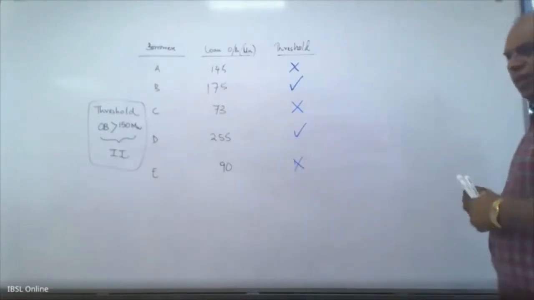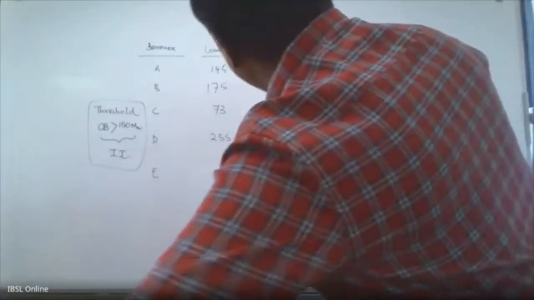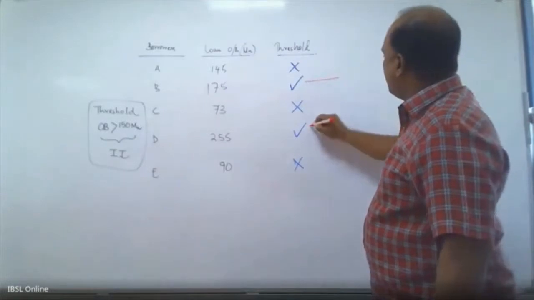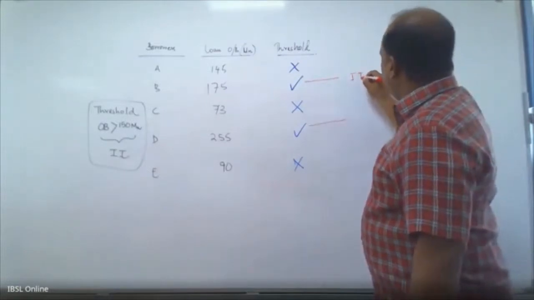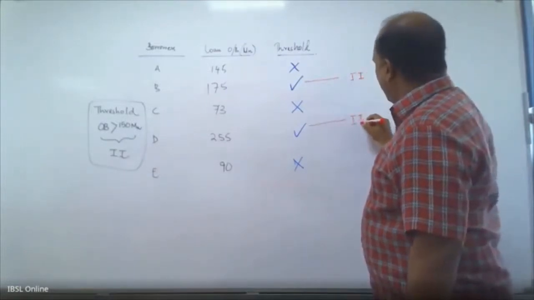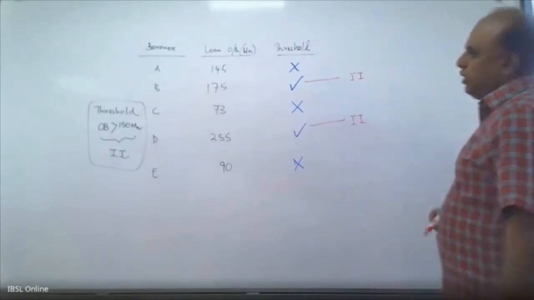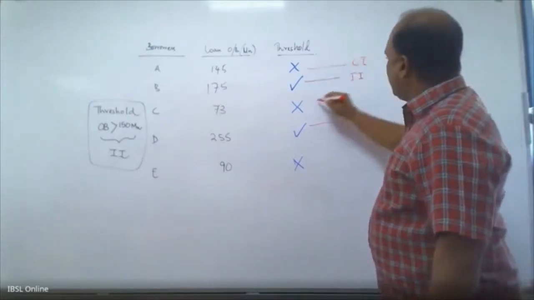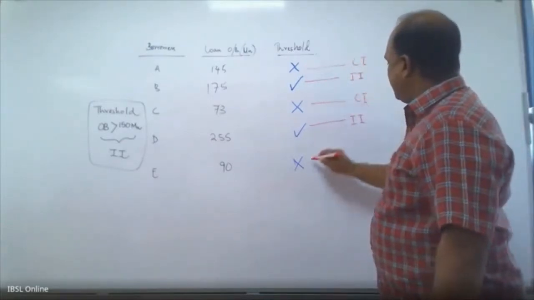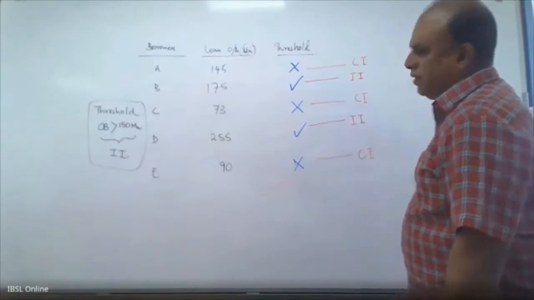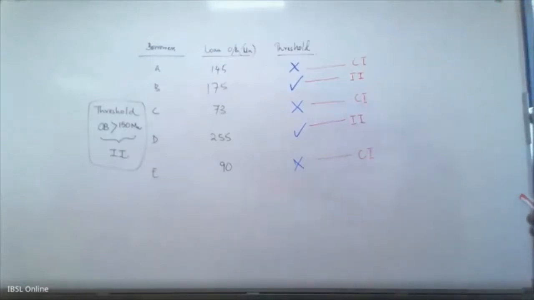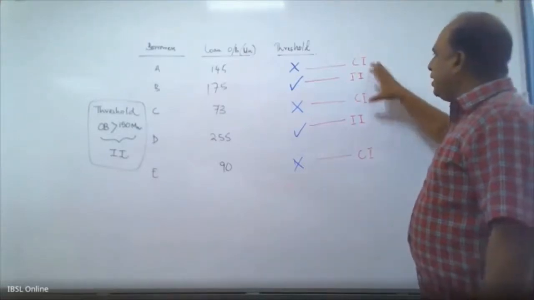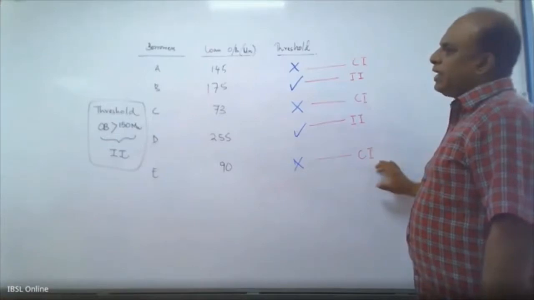So what does this mean now? I have only 2 loans which are subject to individual impairment. I will call it II, individual impairment. The remaining loans are subject to collective impairment. So 2 loans are subject to individual impairment, 3 loans are subject to collective impairment.